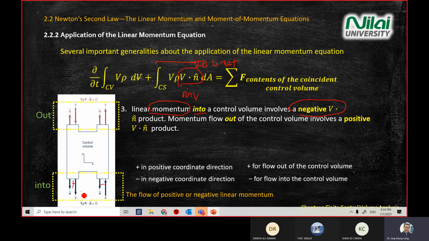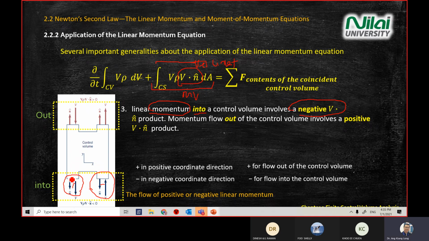So no matter whether your linear momentum is positive or negative, at the inlet, the product that you will get for this second section of the equation, which deals with the control surfaces, will give you a negative answer for the whole product.